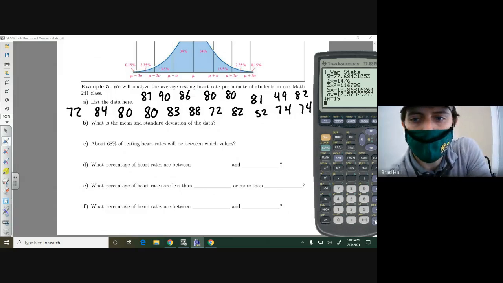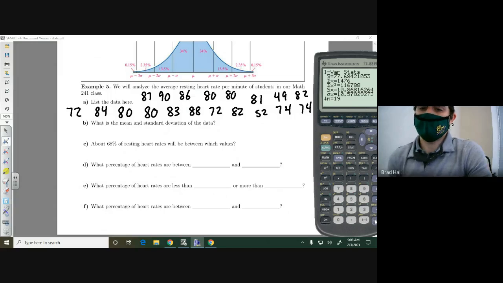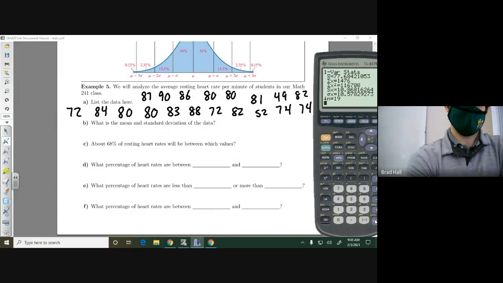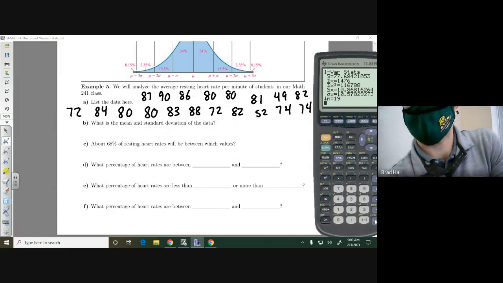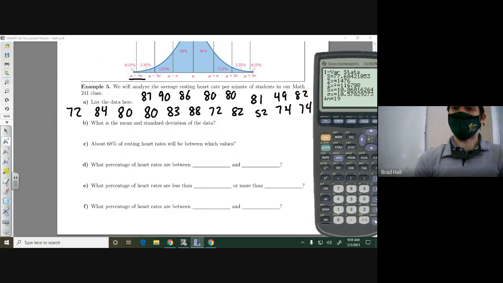So the mean, and we're going to assume, so sometimes the homework will do this, where it'll just say the standard deviation. I suppose we'll use the notation that matches here. So we'll use the population.